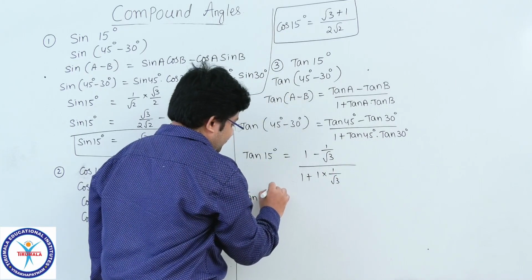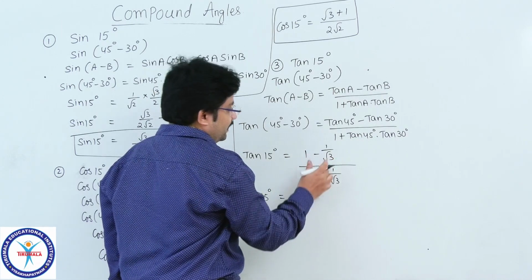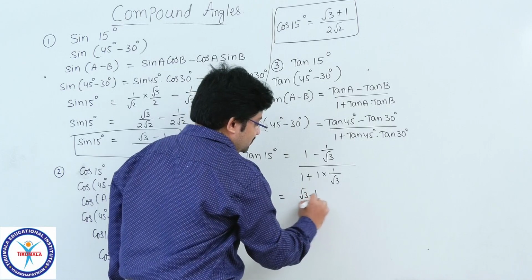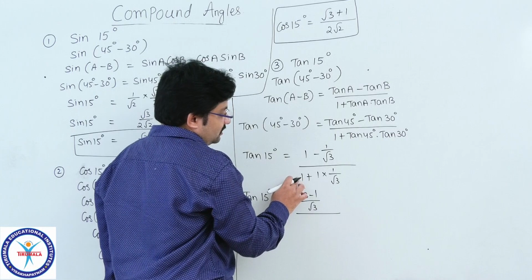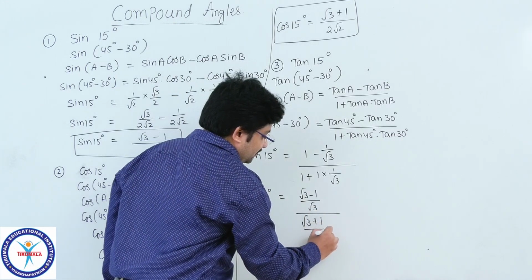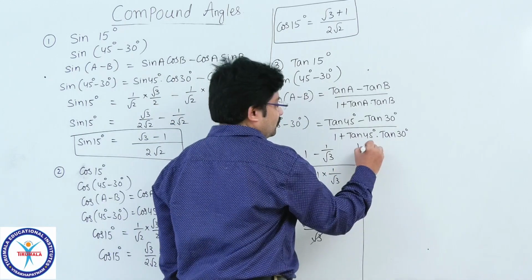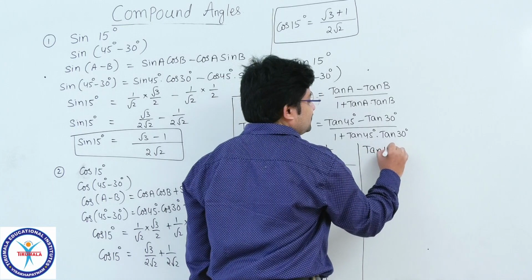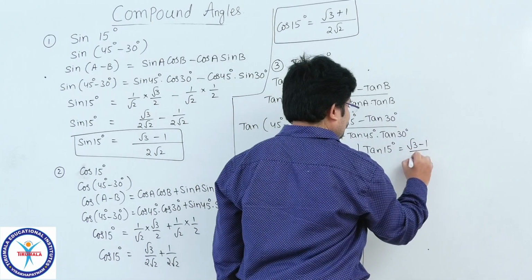Therefore, tan 15 degrees, taking the LCM in the numerator, becomes root 3 minus 1 by root 3, and in the denominator also taking the LCM, root 3 plus 1 by root 3. Now root 3 and root 3 get cancelled. Therefore, tan 15 degrees is equal to root 3 minus 1 by root 3 plus 1.